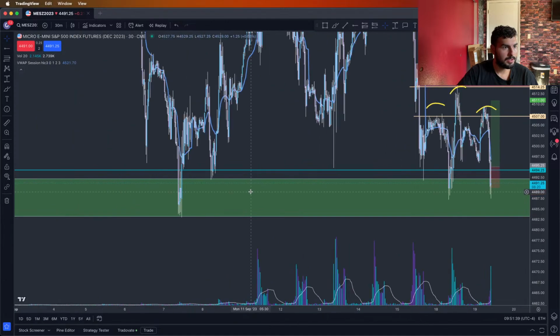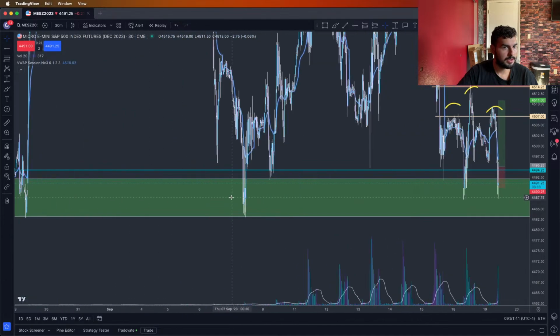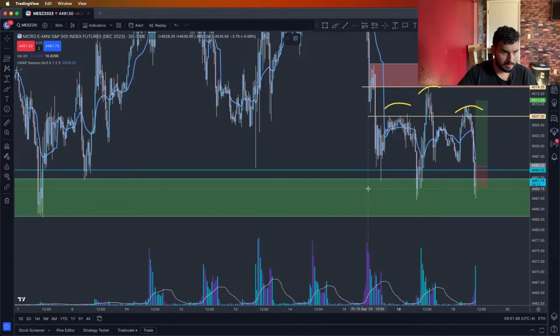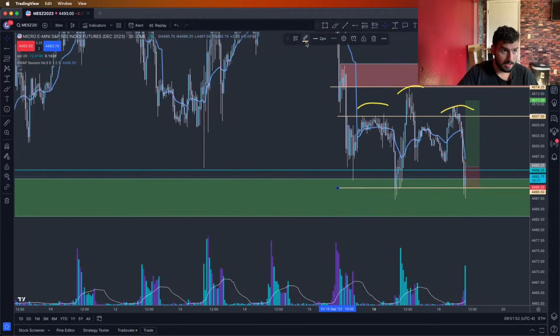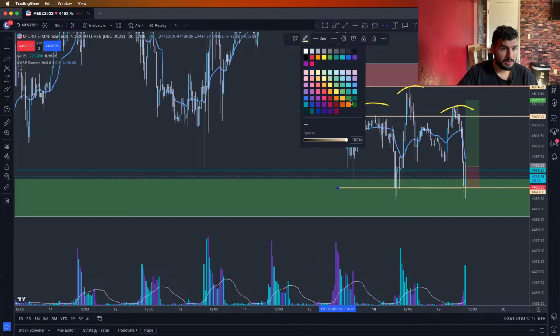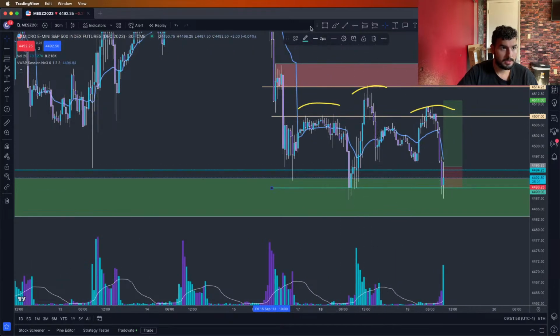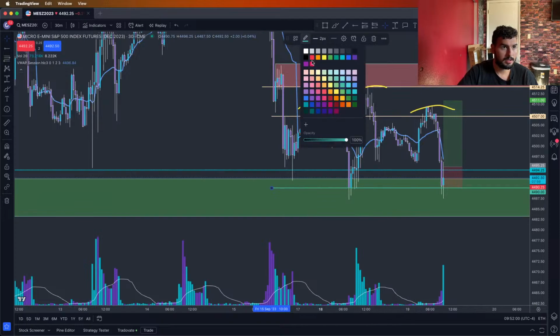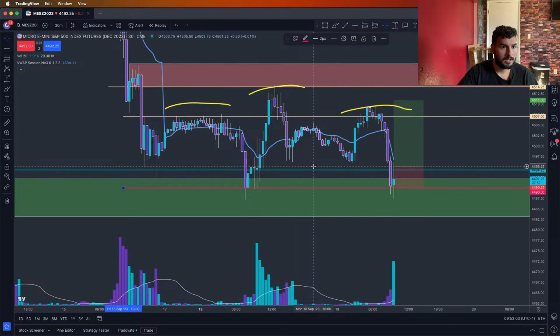Could have a level right there on the 30-minute chart. I'm trying to see. I like to put my levels at the candle open or the candle close. So this would be red. Make this red.